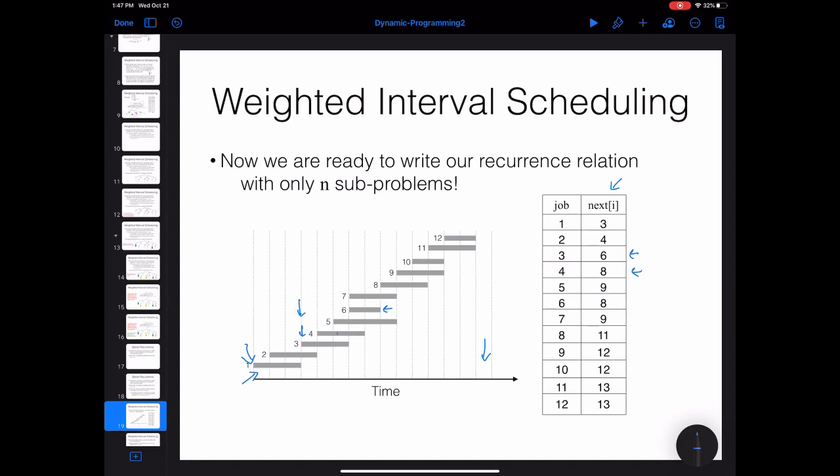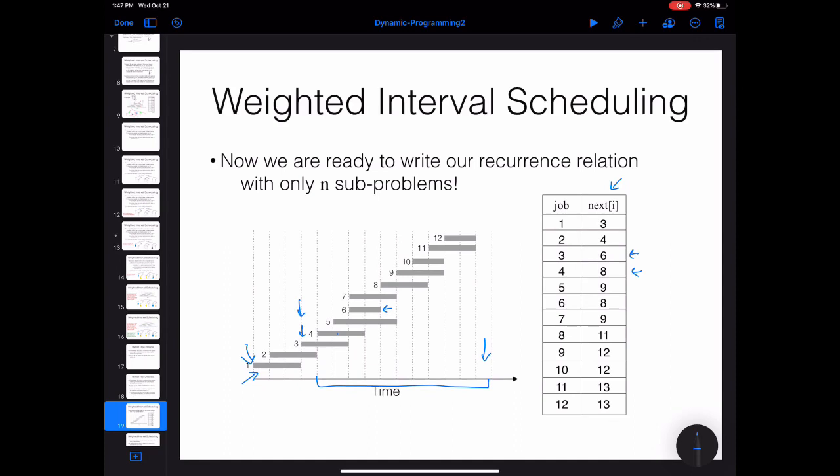If I take 2, the smaller subproblem is going to be from next of 2, which is 4, to the end. So the end is always fixed, right? The number of subproblems that I have is going to be linear. I have at most n subproblems.